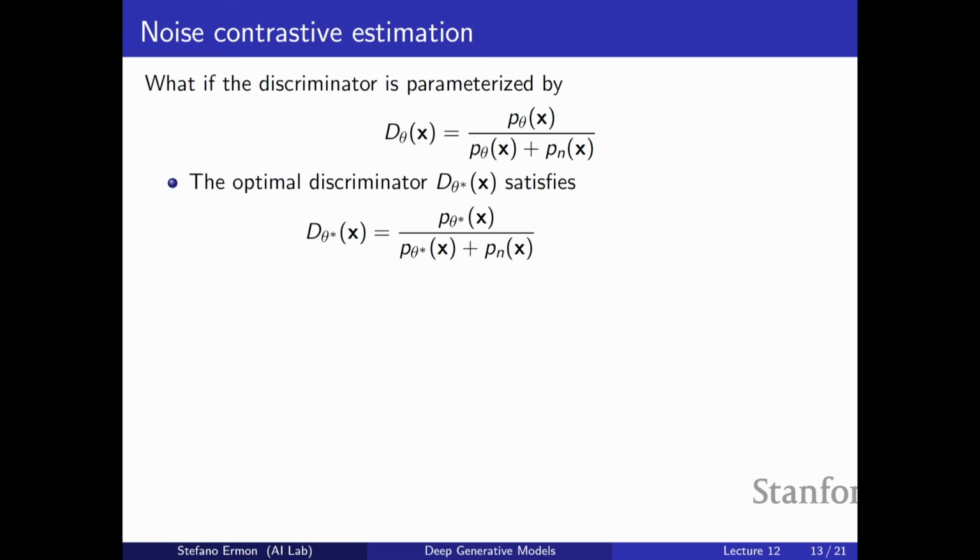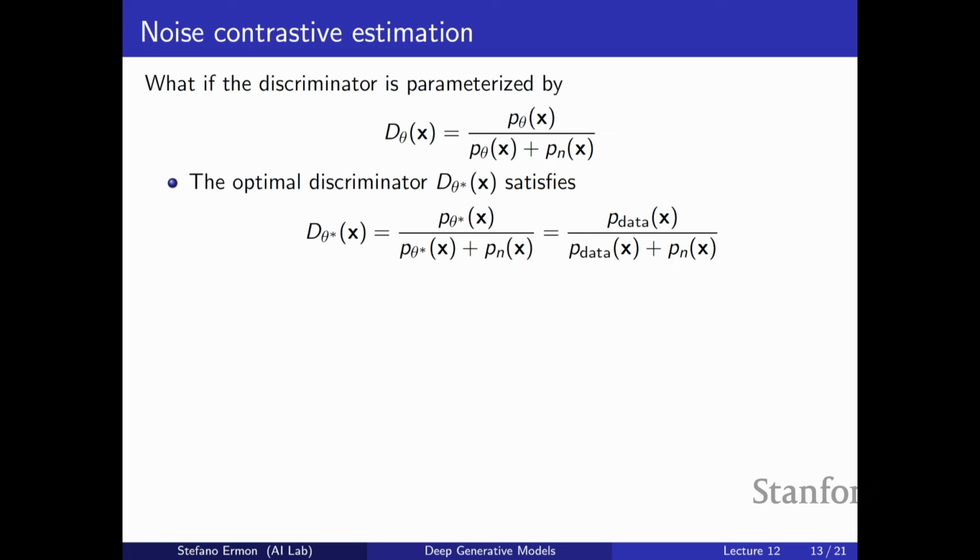The good thing is that if you could somehow come up with the optimal discriminator that distinguishes data versus noise, we know that it will have this form, and this has to match p data over p data plus noise. So you can see that if this classifier is doing very well at distinguishing data from noise, then p theta has to match p data.